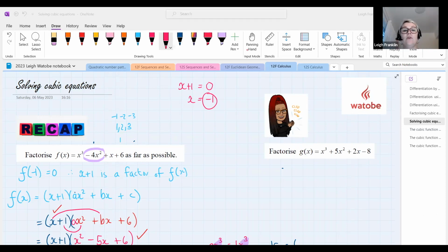Okay, so let's try g of x. I've given you g of x equals x cubed plus 5x squared plus 2x. Let's try that and see how it goes. Salma, you done? Leanne's also done.